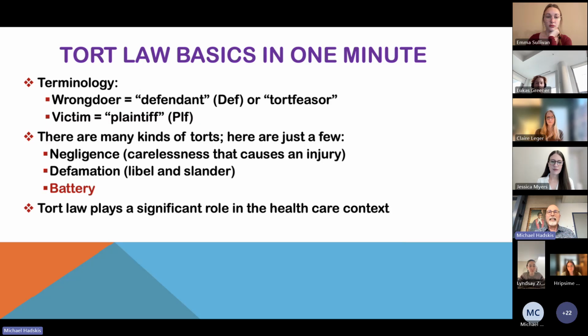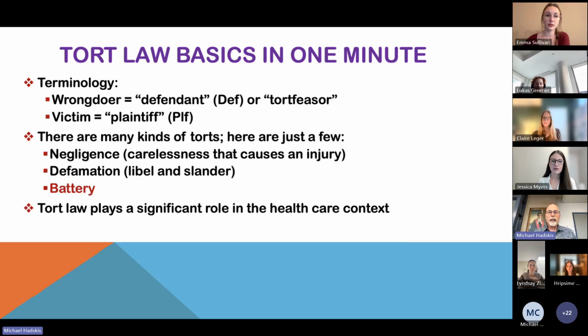One of those is negligence, which you have a basic sense of already, which is carelessness that causes an injury. That can come through operating your motor vehicle in a careless manner, or professional negligence. So lawyers, doctors, and other professionals can be negligent in dispensing their professional services. Manufacturers of products can be negligent and do harm to consumers.